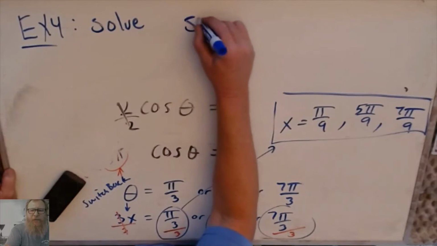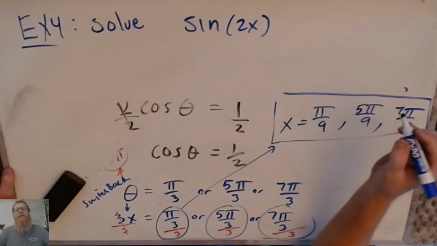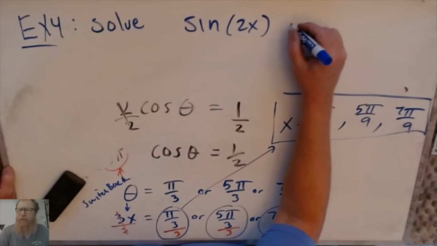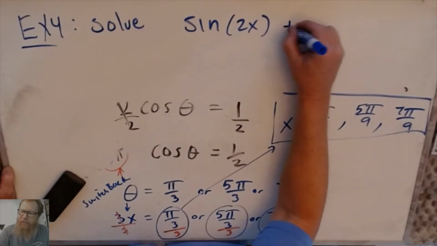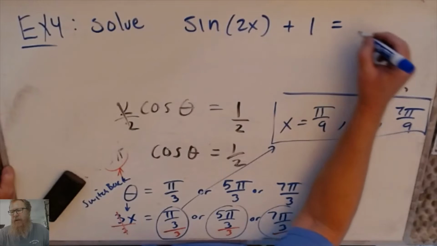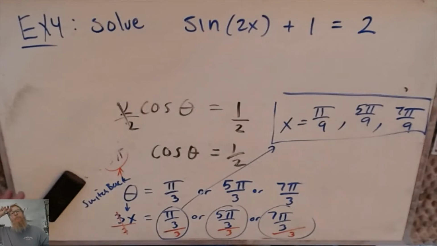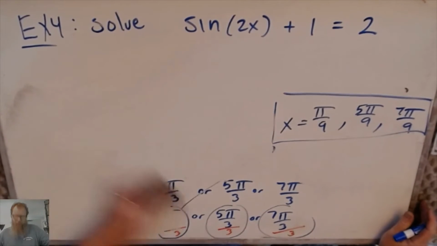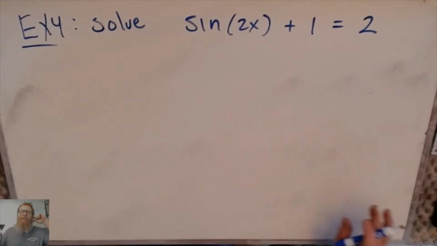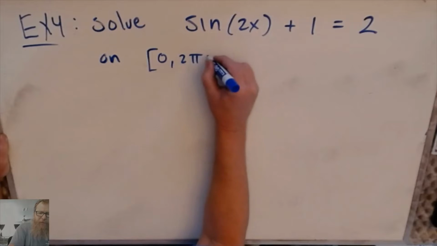So let's solve sine 2x plus 1 equals 2. I don't know why I had to think about that so much. Just decide if we're going to do another special angle or not. All right. And let's do this on the interval 0 to 2 pi.